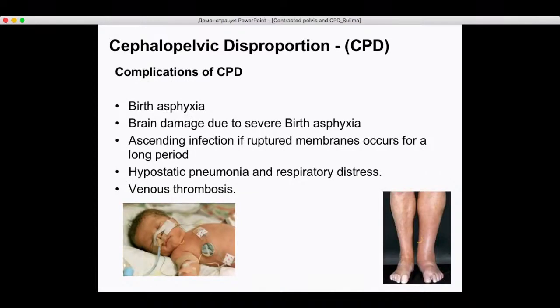The complications of cephalopelvic disproportion also include birth asphyxia, and of course ischemic brain damage due to severe birth asphyxia. Ascending infections if ruptured membranes occur for a long period, maybe premature rupture of membranes before labor starts, and of course it's a high risk of ascending infections.